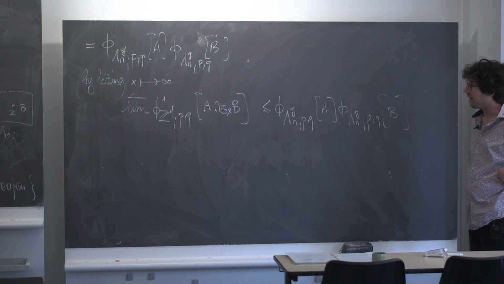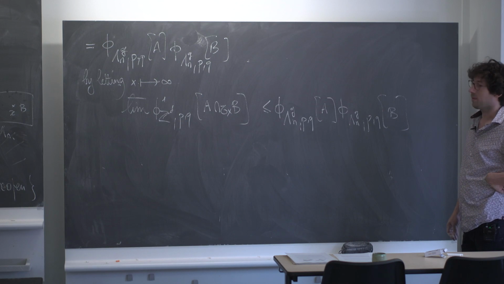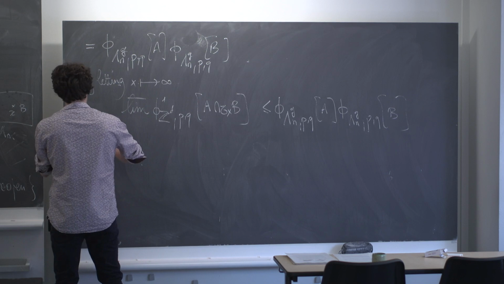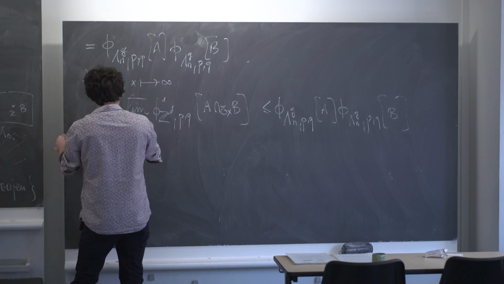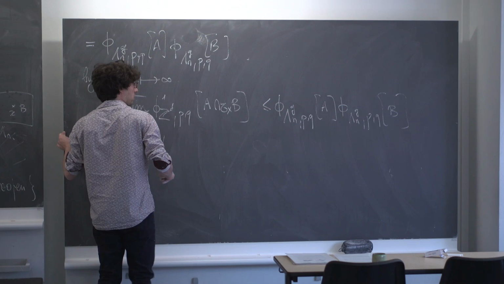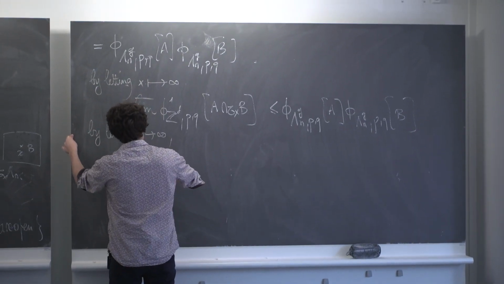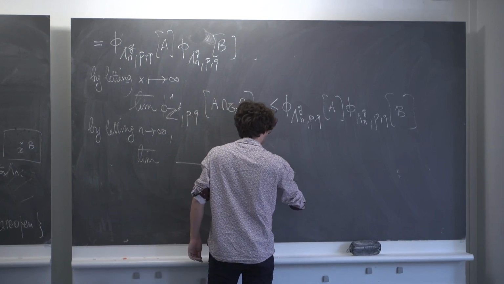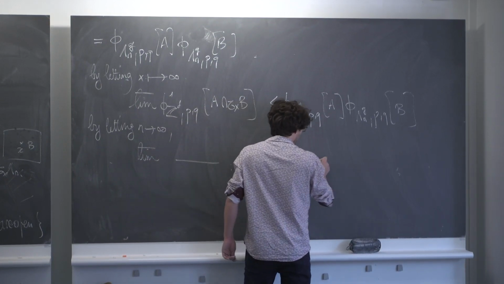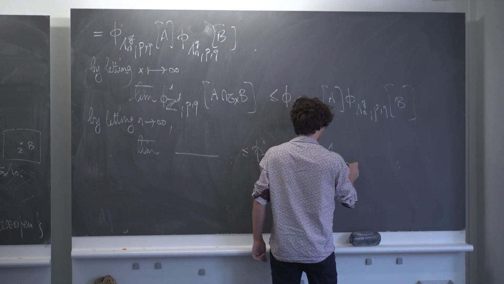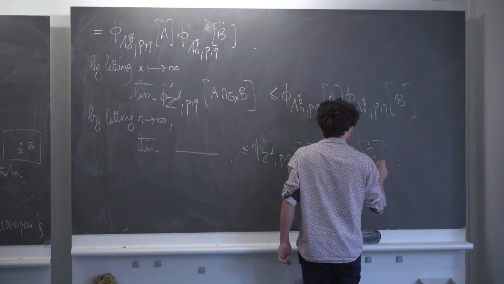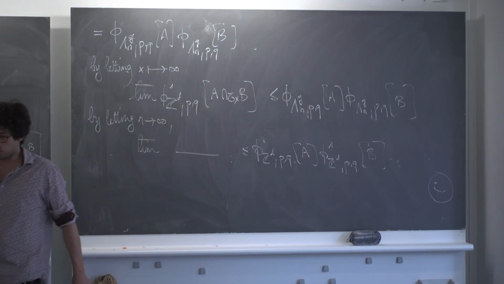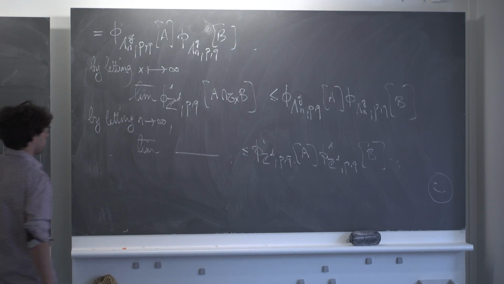And this is true for every n, which is larger than 2 capital N plus 2. So by letting n tend to infinity, we obtain that the lim sup is smaller than phi 1 zd pq of A phi 1 zd pq of B. And this is the end of the proof, because we proved that the lim inf was larger or equal to this quantity, and the lim sup is also smaller or equal to this quantity.